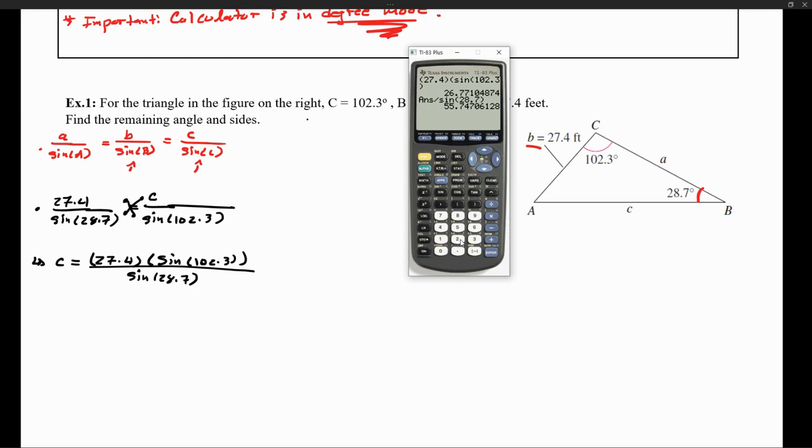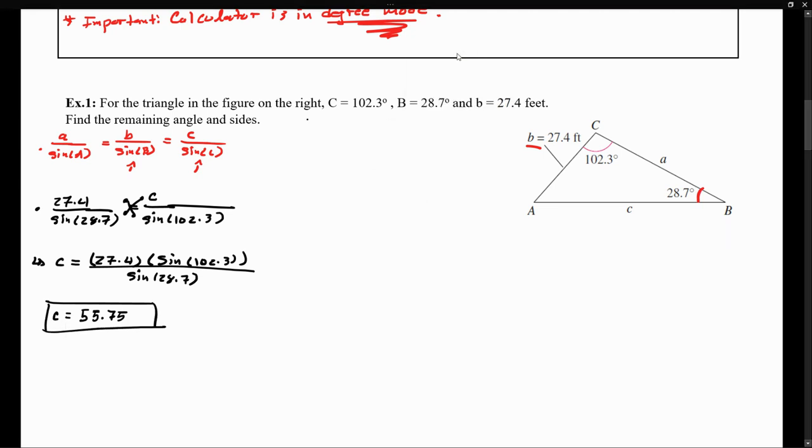So now notice that we have a measurement of side C. Side C is about 55.75. So I know that this side is equivalent to 55.75. All right.